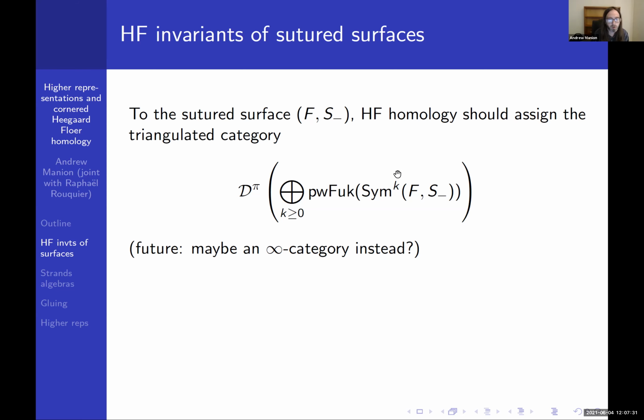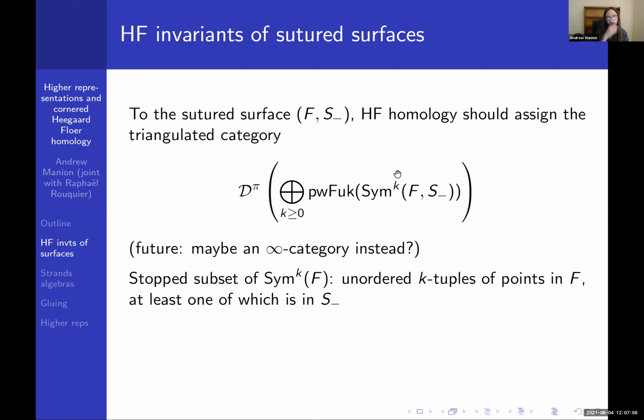But for high enough k, these are going to be equivalent to 0, so you really only have to take finitely many k, though a priori you could take Sym^k for all k. This is a triangulated category, and it may also be the case that one does infinity-categorical versions of this at some point, but I don't want to talk about that.